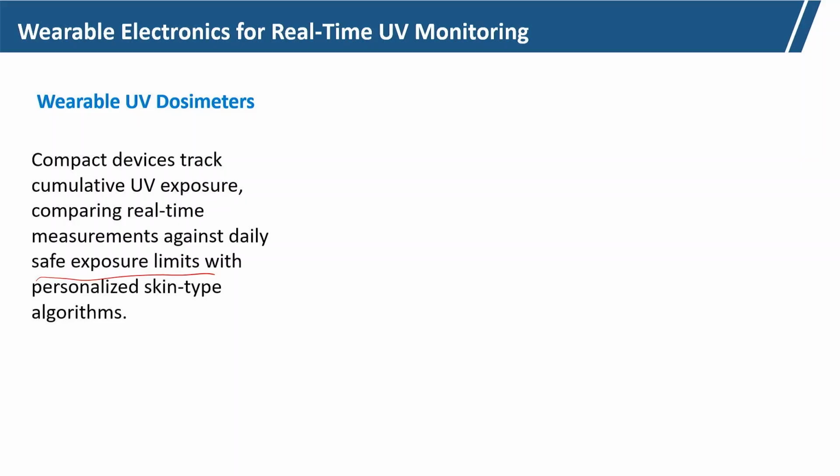So, whether someone is crossing that safe exposure limit in a particular time, it will give the signal, and the algorithm can be framed for a particular skin type. So, personalized wearable UV dosimeters can be designed.